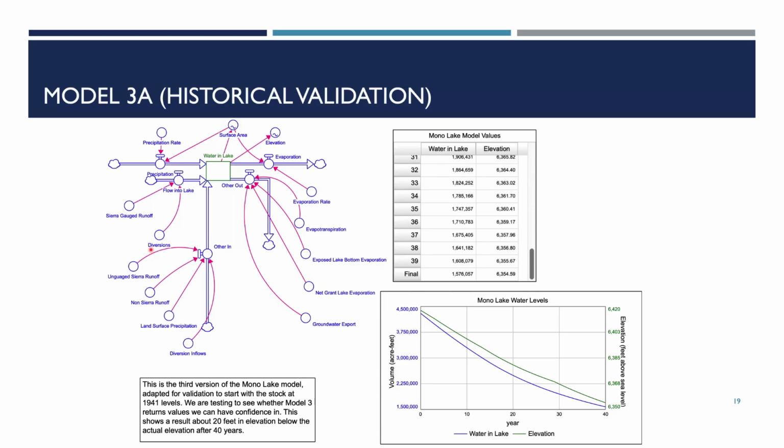We run the model for 40 years and we ask ourselves whether in fact the model is correctly predicting where the lake ended up after 40 years. As we do that, we end up with this 6354, which itself is actually about 20 feet below the elevation we actually did observe there.